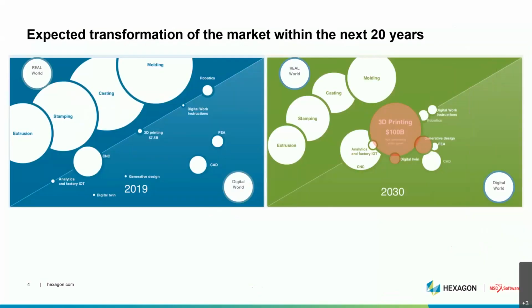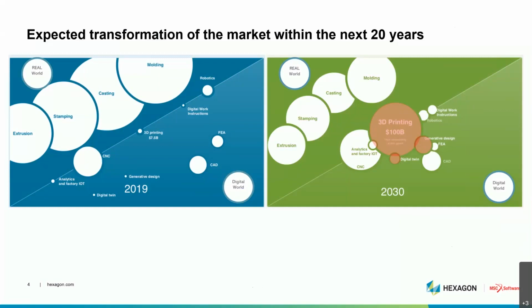This also relates to the expected transformation of the market inside the next 20 years, where we can see on the left side 2019, with a lot of big bubbles in the real world, the upper left side, like extrusion, stamping, casting, molding, and just small bubbles in the digital world on the right side. But on the right side, in 2030, we expect the 3D printing industry to grow massively, the digital twin that's not even covered on the left side, and generative design that is not covered on the left side.